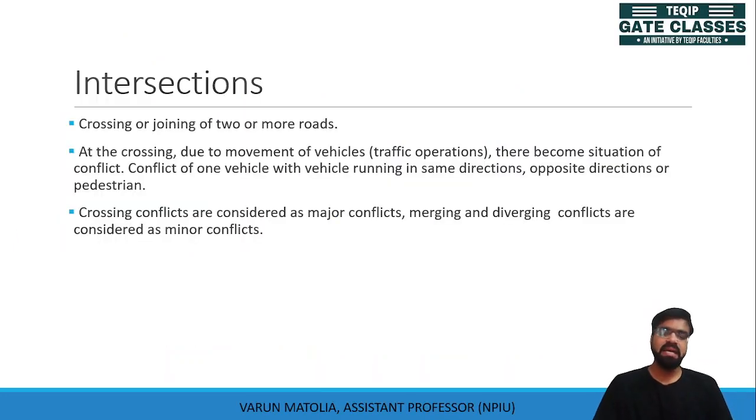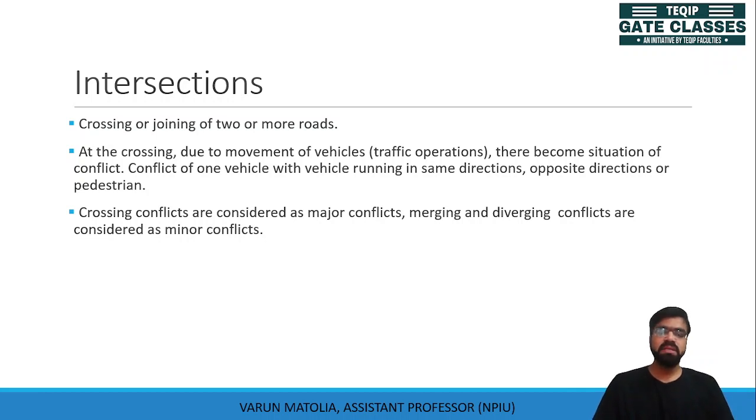Intersections are the areas where two roads join each other or cross each other. We have seen a junction of roads where traffic streams from two different directions cross each other. Because of certain traffic operations, there is a probability of accident, and the probability of accident is known as conflict.